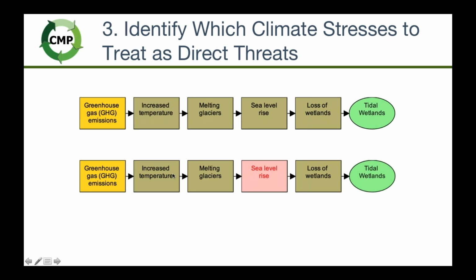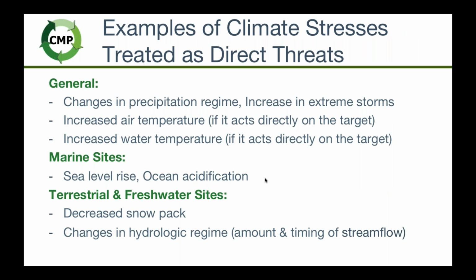And so you wouldn't want to be rating melting of the polar ice caps when you're talking about your tidal wetlands in the San Francisco Bay, for example. You'd want to rate predictions for sea level rise in your specific area. I think that is it for my graphic examples.